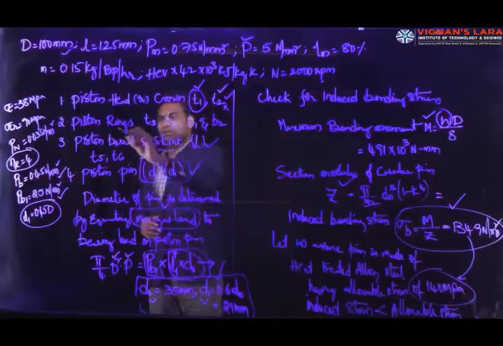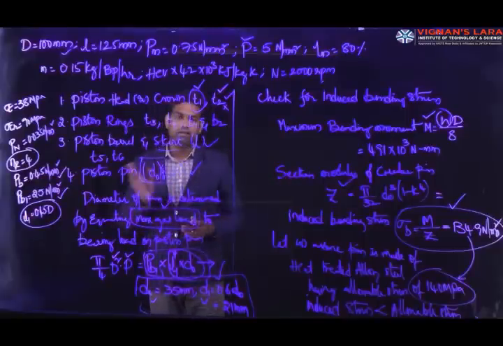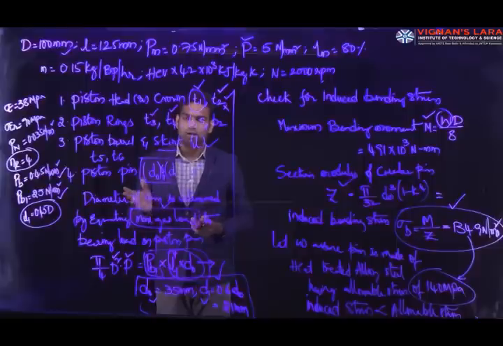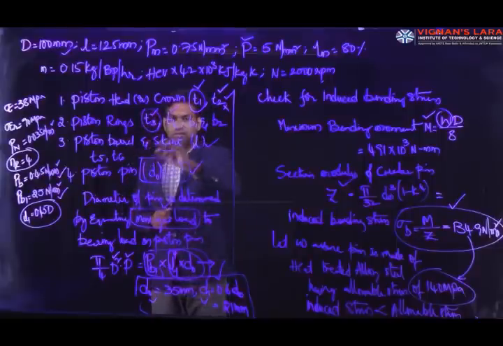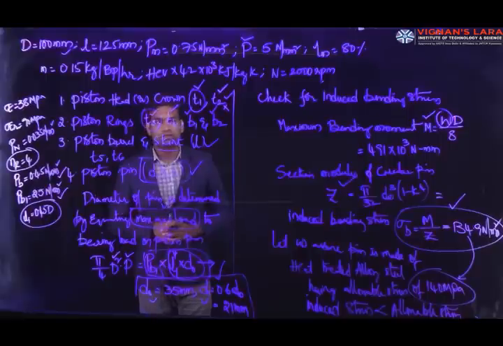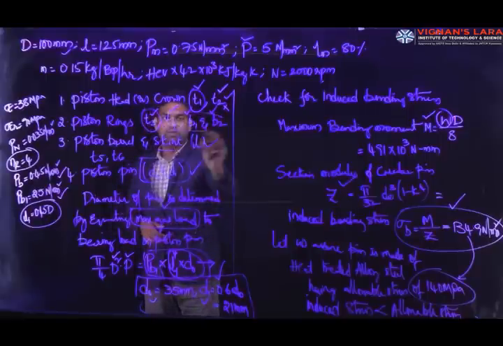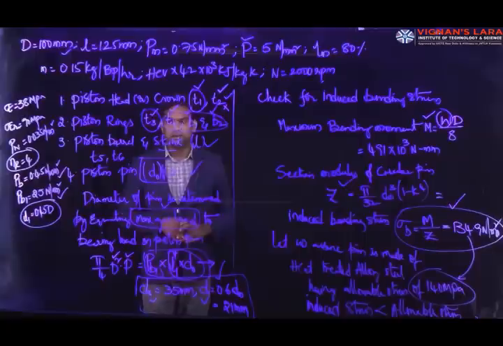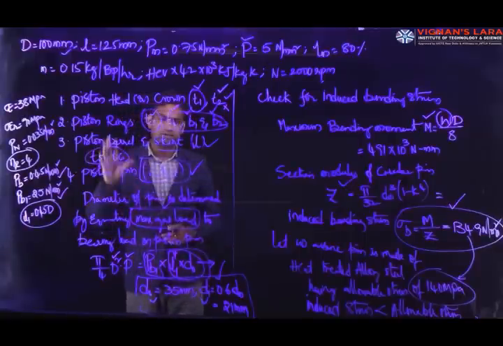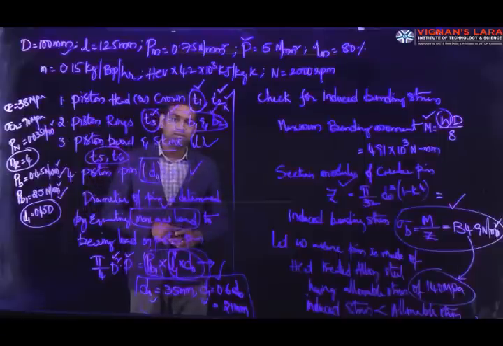Then the piston ring dimensions, radial thickness and axial thickness, are calculated. Here T3 is not an empirical equation; it is calculated using a mathematical equation. And T4, that is axial thickness, and B1 and B2, that is the width of the top land and the width of the other ring lands, are all calculated using empirical relations, as well as T5 and T6, that is the thickness at the top side of the piston and the thickness at the open end.